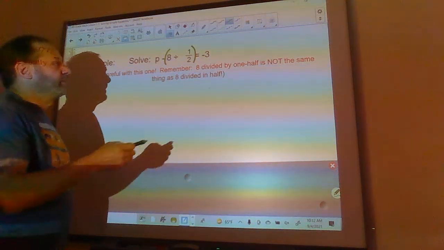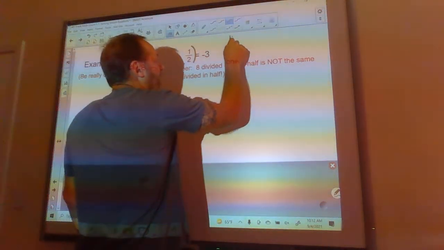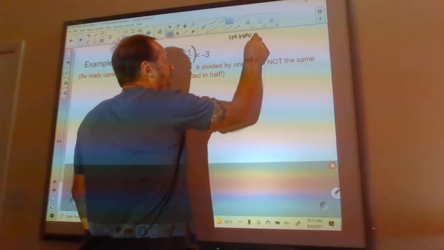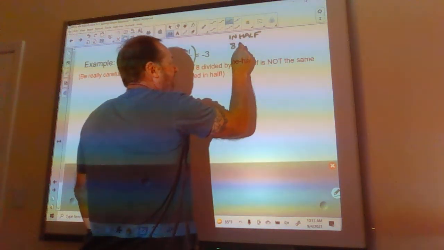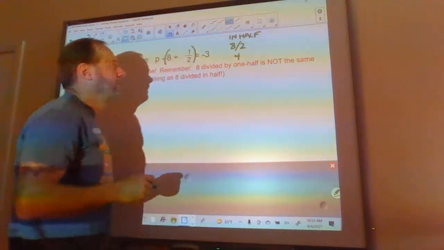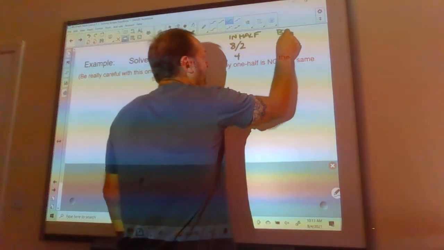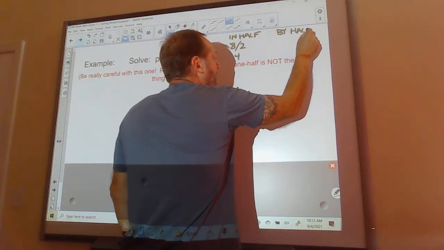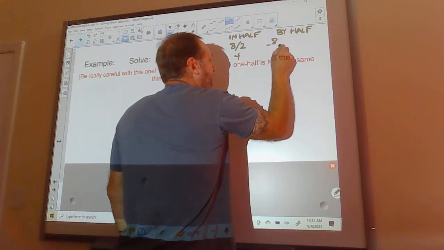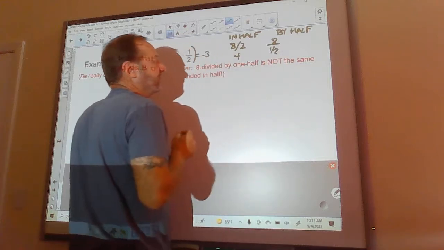8 divided in half means 8 divided by 2, which would be 4. 8 divided by a half means 8 divided by 1/2, like this.